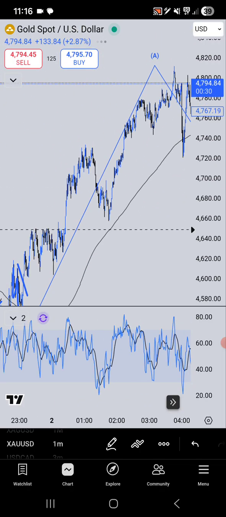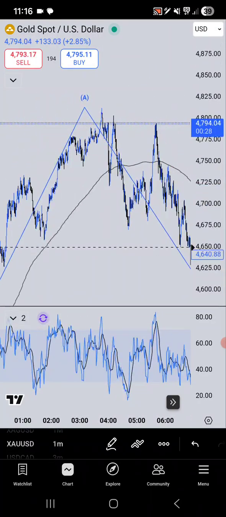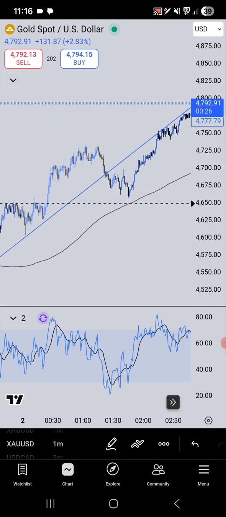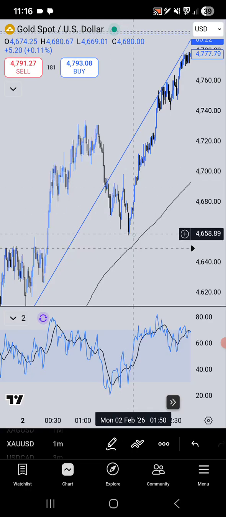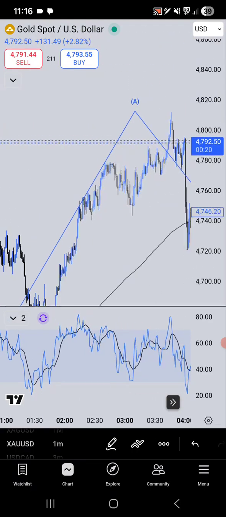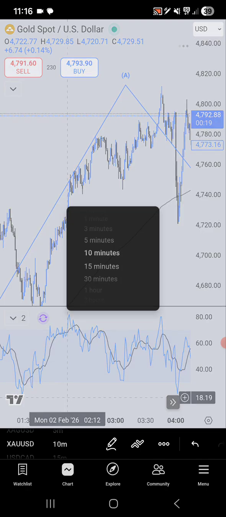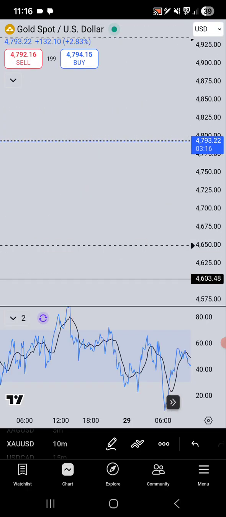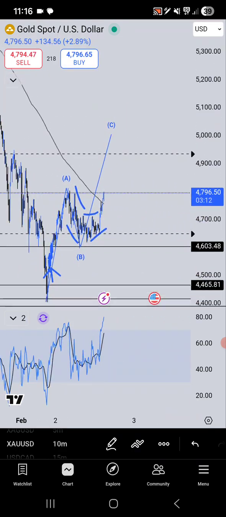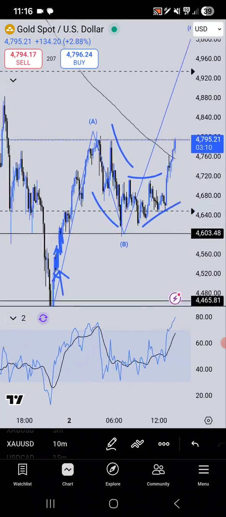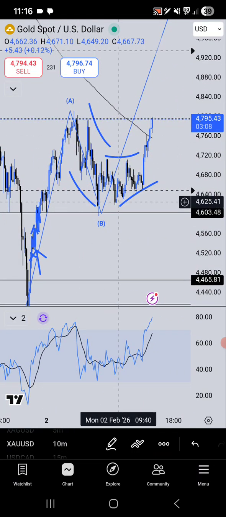And then after that, you can see a little 3-wave correction here, down one more, and then up. So I put in that local top. I suppose I won't prattle on too much more. This all happened overnight.